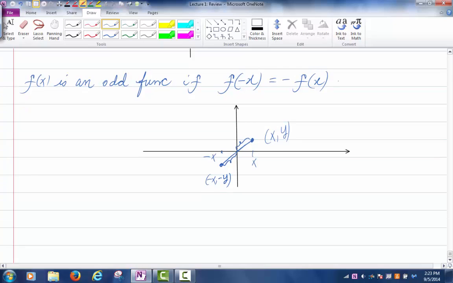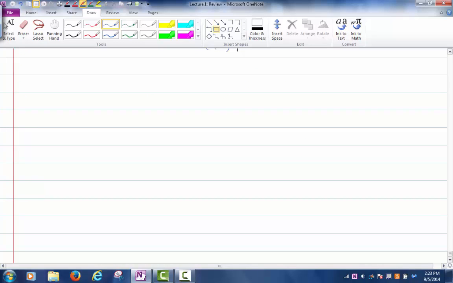So one example of an odd function would be the following. Let's make a xy plane again. And one example of an odd function would be the graph of x cubed. So let's say this is the graph of x cubed, and this function is an odd function because the height of the graph at x and negative x, they are opposite of each other, right?